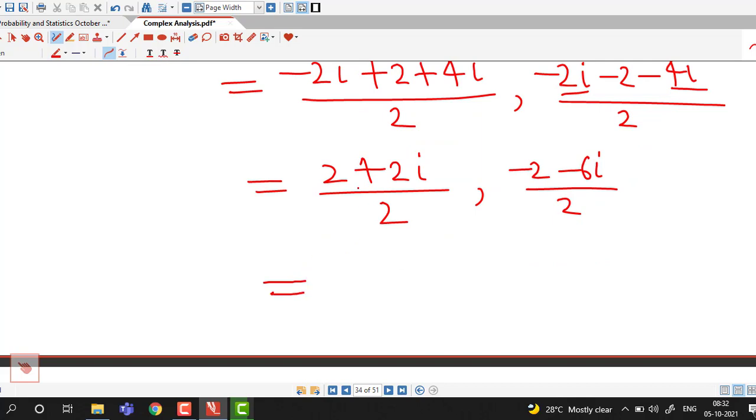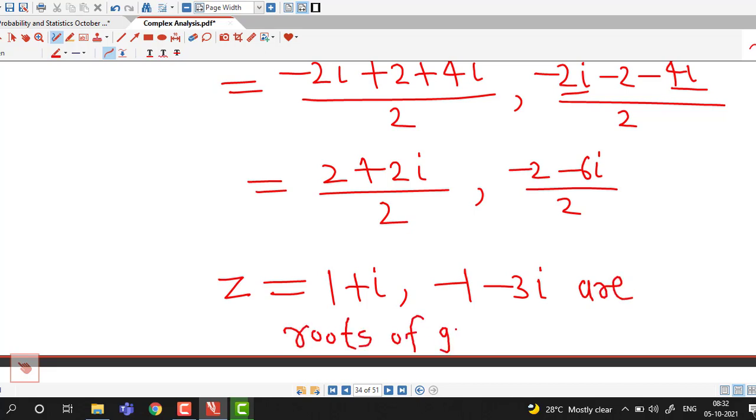Here we can cancel out the 2, so we have 1 plus i, and here also 2 can be cancelled out, so we have minus 1 minus 3i. So z equal to 1 plus i and minus 1 minus 3i are the roots of the given quadratic equation.